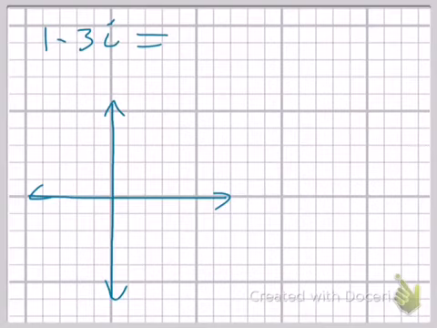One minus 3i is going to be right there. Okay, so if I take this triangle here and kind of blow it up, make it a little larger, I'm dealing with this triangle where this is 1 and this is 3.